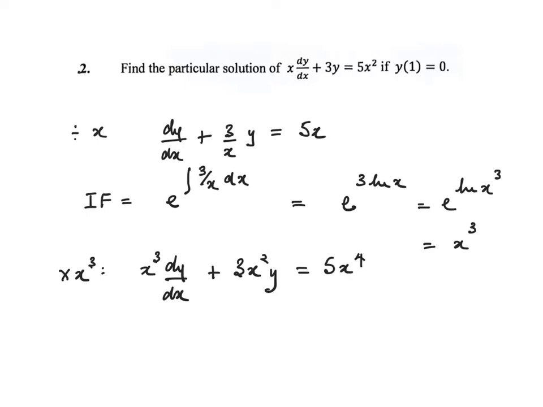Now, I hope you can see, I don't know whether you can see, these two terms then give us d by dx of x cubed y. So if I differentiate the product x cubed y with respect to x, I get this line here. At least the first two terms in that line, and that's 5x to the power of 4.